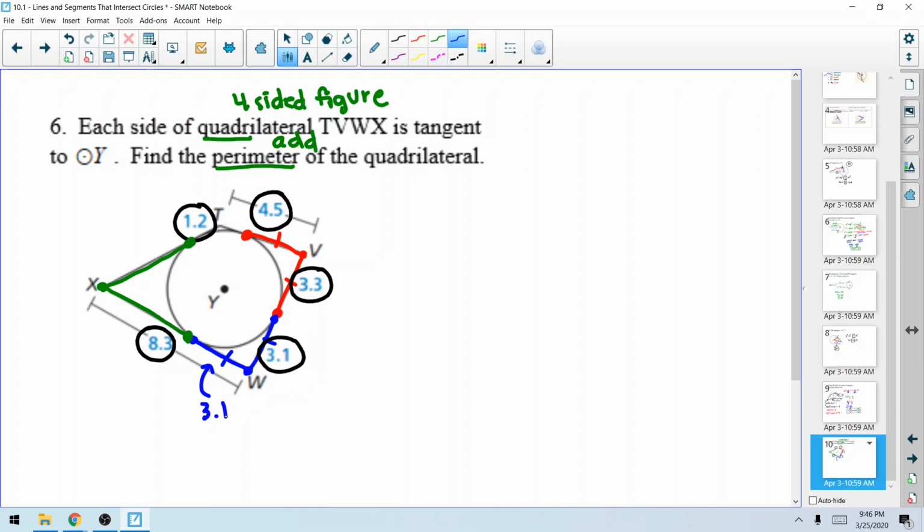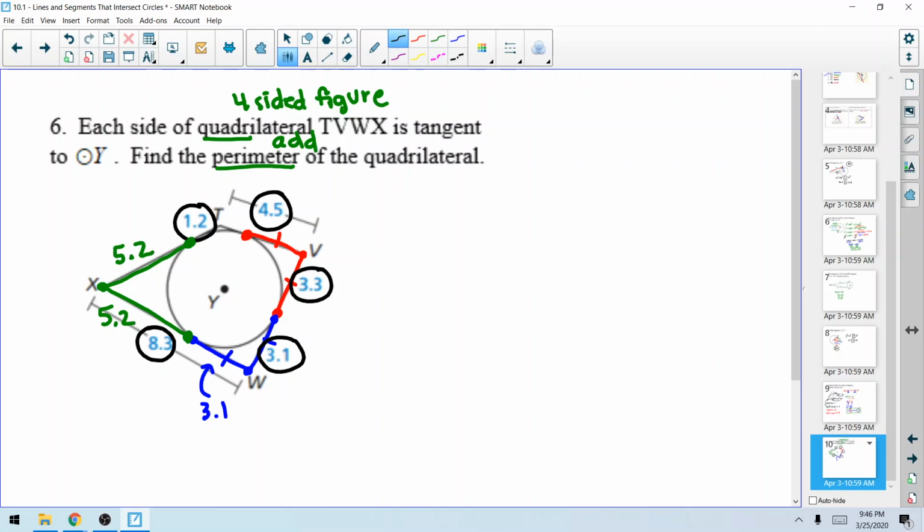Oh, okay, well now if I know that that side of the blue is 3.1 and the whole thing is 8.3, then I can take 8.3 minus 3.1, which gets me 5.2. Well, if I know that's 5.2, then I know that's 5.2.